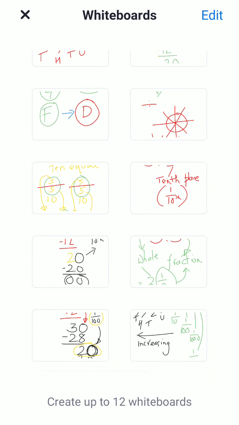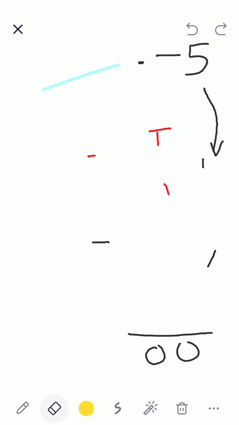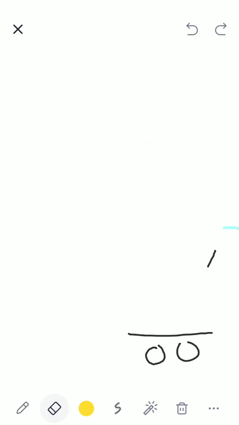So let me take one whiteboard. If I have any number, say for example, if I have a big number, say 98,354.12345.